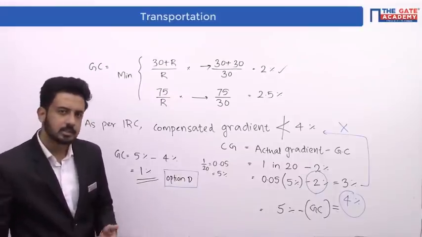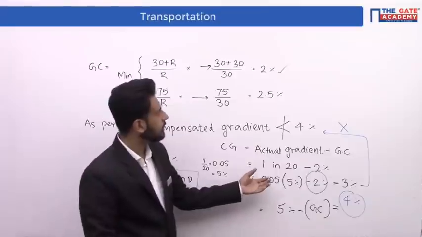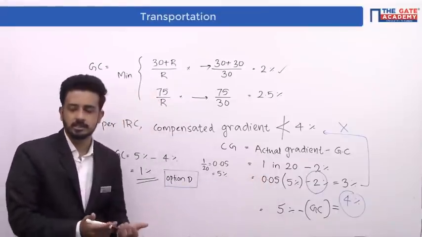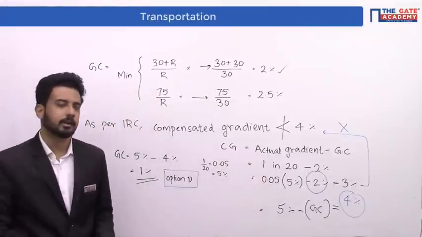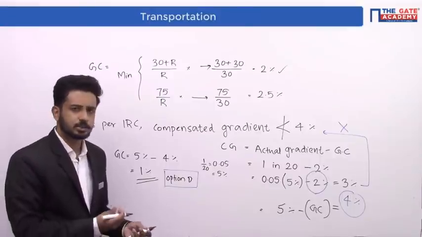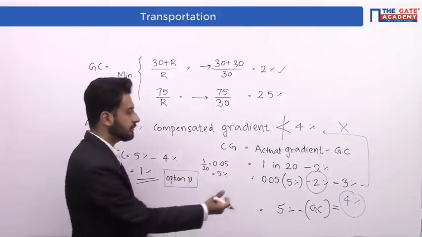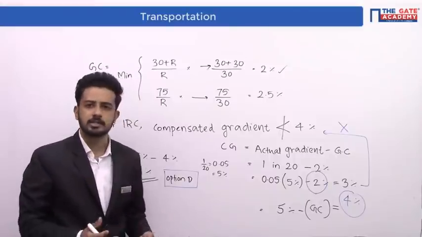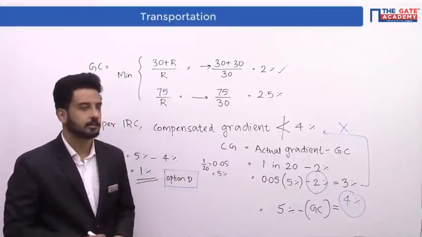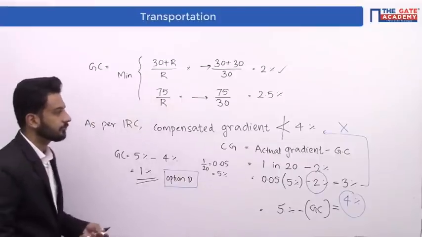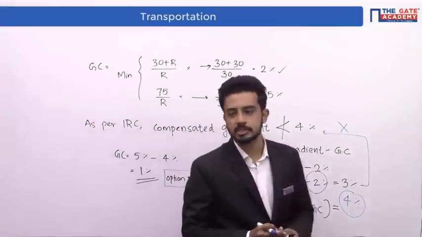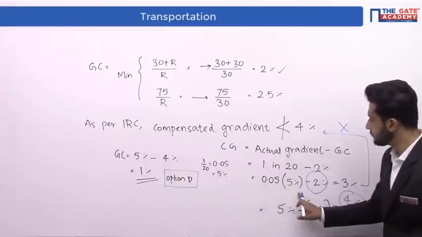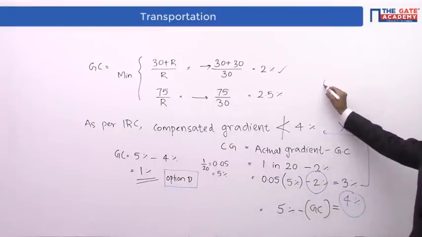See, suppose the given gradient, I am just changing the question for a better understanding. Suppose the actual gradient, instead of this 5%, they are telling actual gradient is say 8%. So instead of this 5, what I am getting?